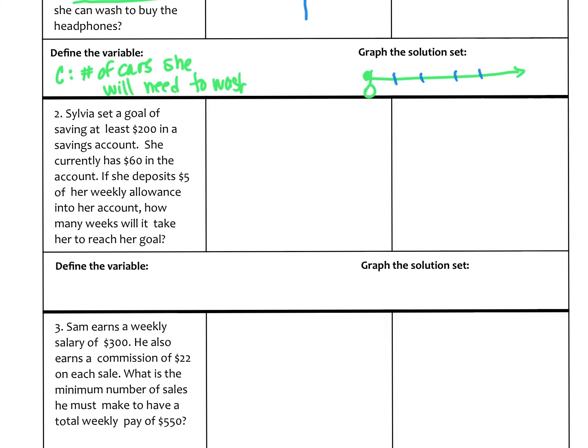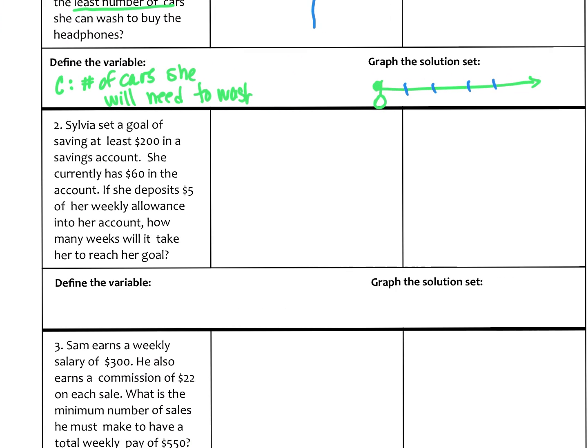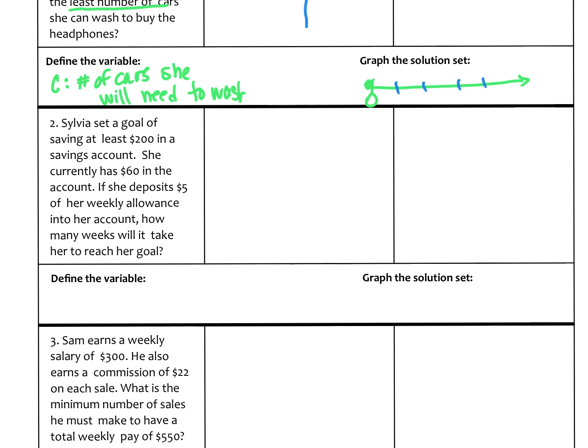All right, for number 2, Sylvia set a goal of saving at least, that's the smallest amount of money she wants to save in a savings account.